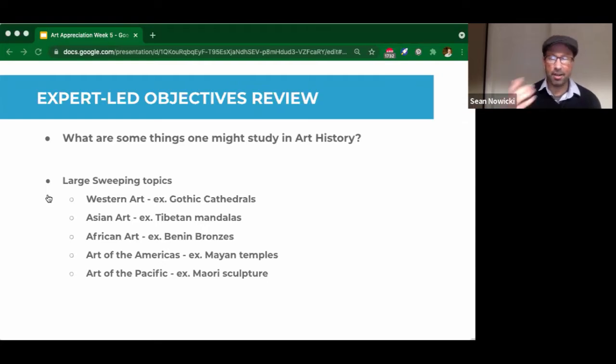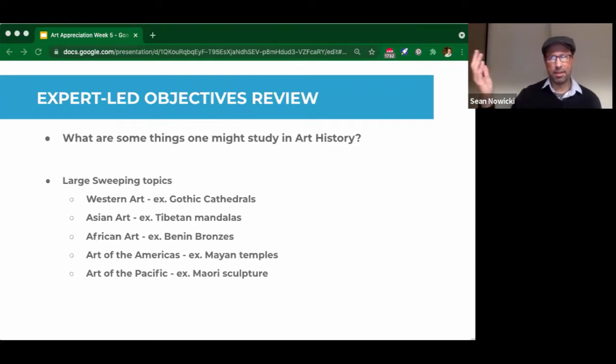And then in African art, one example is the Benin bronzes, which are in the news right now because France is giving back some of the art that they stole. I think we talked about this a little bit last week. Not all of it, but some of it. And then you have art of the Americas, and that ranges from Incan art to the Mayan temples, to Native American art.